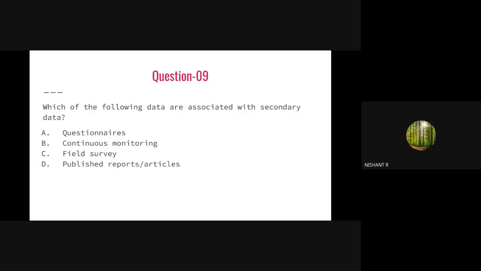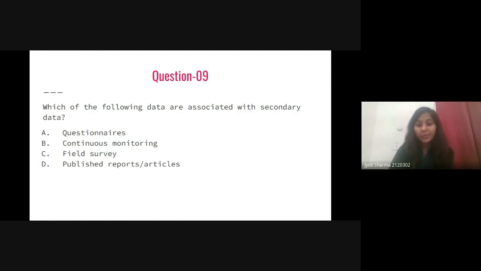Reports or articles, ma'am. Reports and articles. Okay. Any other guess? Alka, do you want to guess something? D maybe. Okay. Yes, answer should be D.